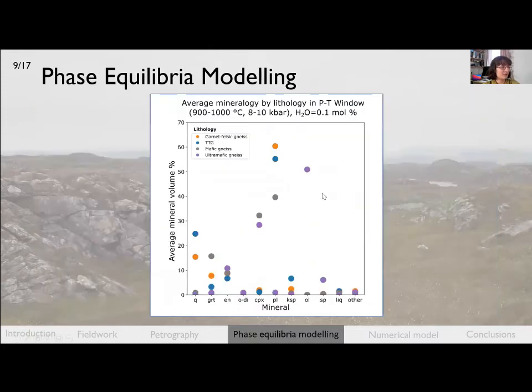The results of this modelling can be further summarised by considering what the average volume of each mineral is for each lithology considered. A key outcome here is that quartz and feldspar are very clearly the dominant mineral in the TTGs. And when we're looking at the other lithologies, they become increasingly rich in pyroxene, garnet, and olivine as silica content is reduced.